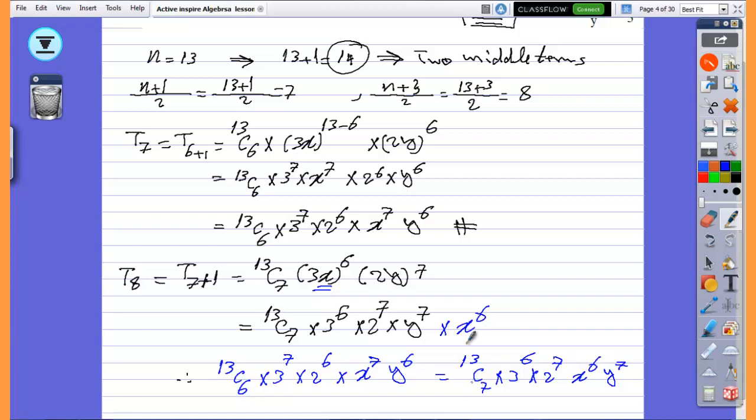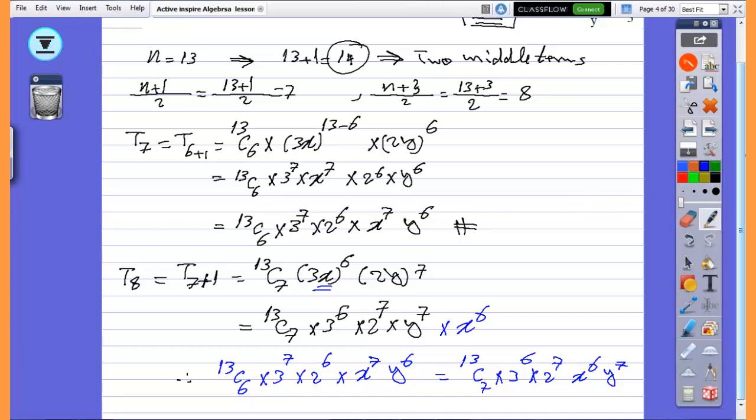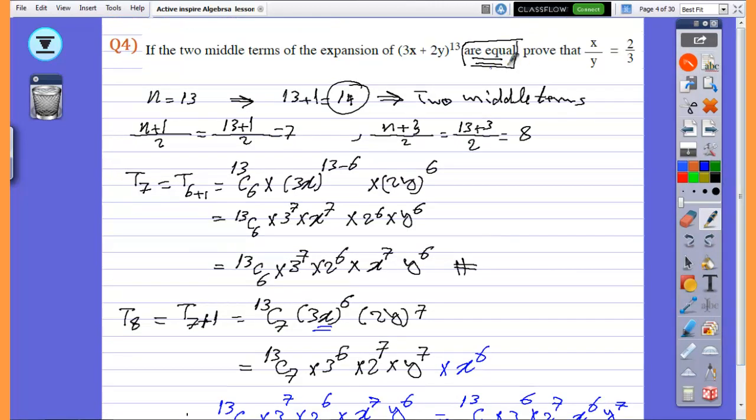Now the required is to prove that x over y equals 2 over 3.